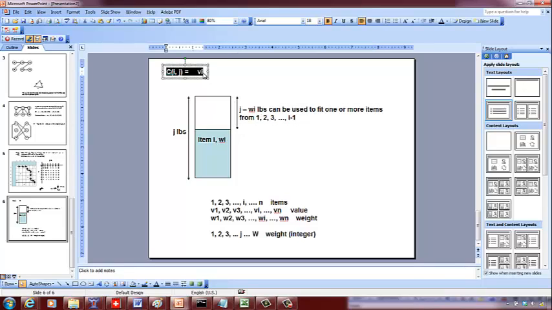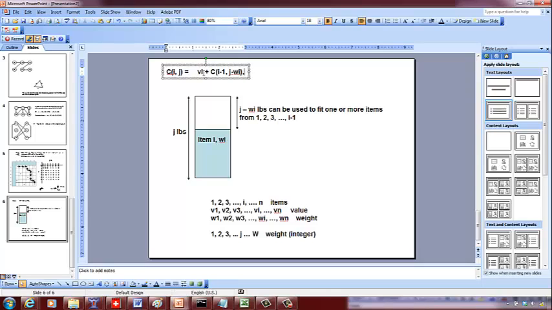You cannot put everything if the weight is not going to accommodate. So the value is vi plus whatever you have collected based on items 1 through i minus 1 on a knapsack of capacity j minus wi. This is what you have if you're going to put item i on a knapsack of capacity j.